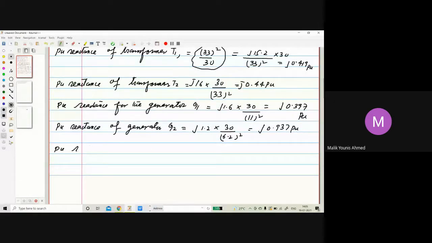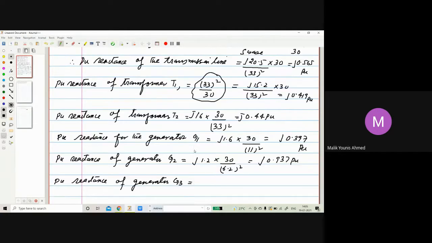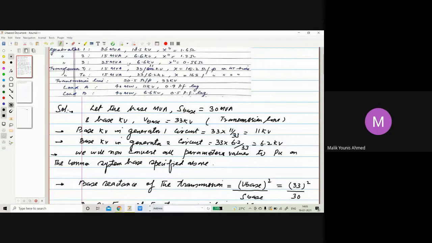Next is the per unit reactance of generator G3. What is the actual value of G3? You can see here 0.56.